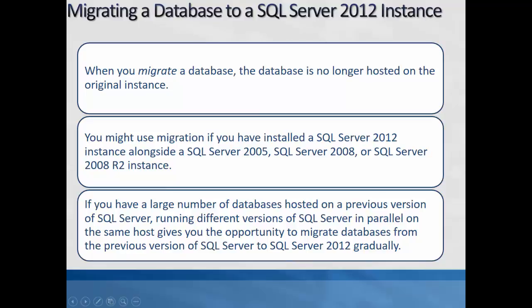You might use migration if you have installed a 2012 instance alongside 2005, 2008 and 2008 R2, right? If you have a large number of databases hosted on a previous version of SQL Server, running different versions of SQL in parallel on the same host gives you the opportunity to migrate databases from the previous version.